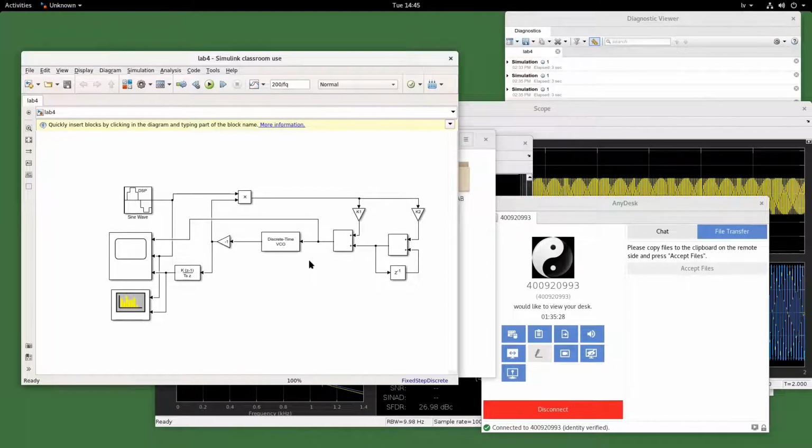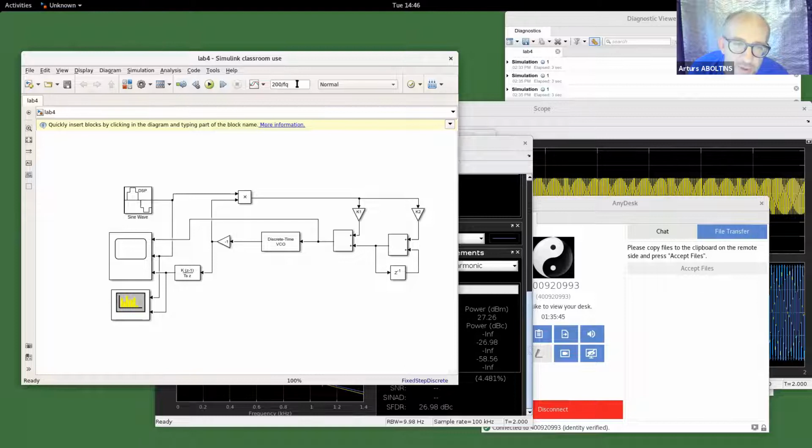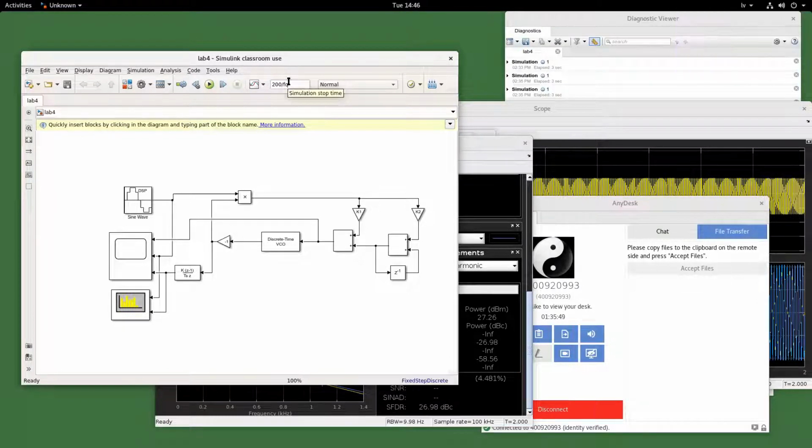We use the same variant, but for me the total harmonic distortion was different. Maybe you have a different simulation time, or it depends on different parameters. First of all, the simulation time, because now we have 200 FQ. If it is shorter, then yes, it could be. It is the same for me.